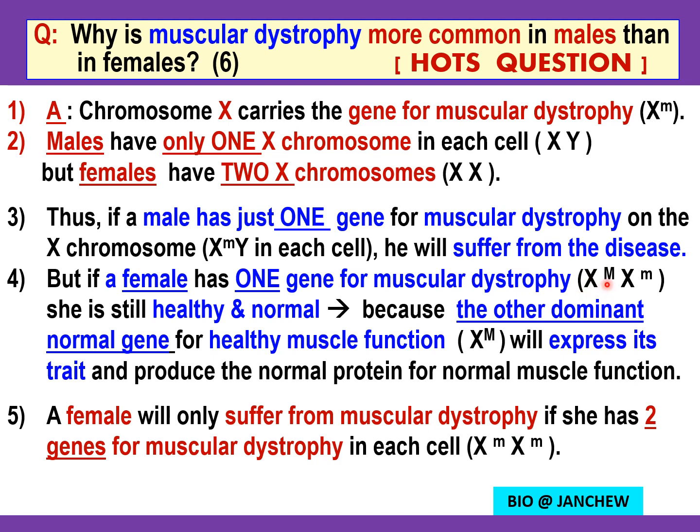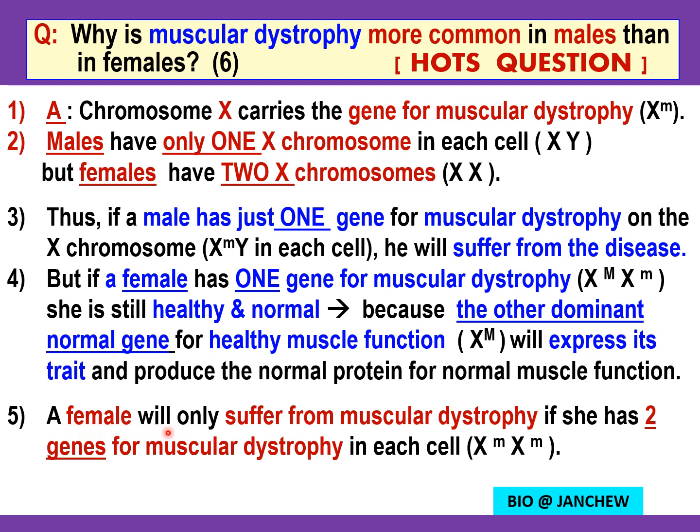So genes can be either dominant or recessive. The recessive gene cannot express its characteristic in the presence of the dominant gene. So X small m, the gene for muscular dystrophy, cannot express its trait or characteristic in the presence of the normal gene. So the normal gene will help to produce the normal protein in the individual for normal muscle function.